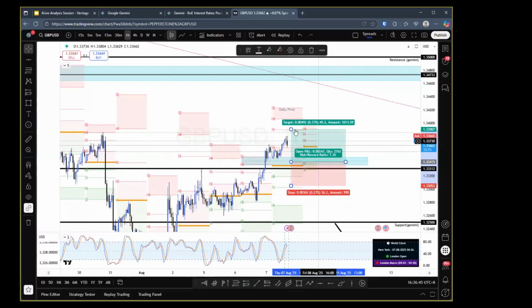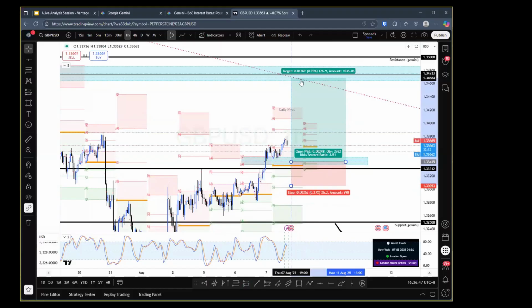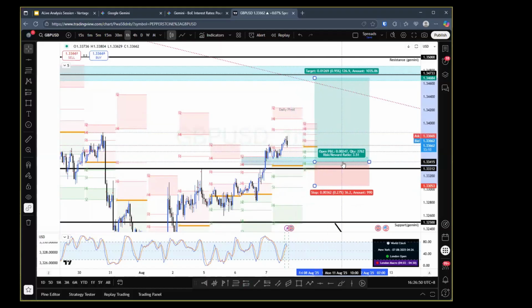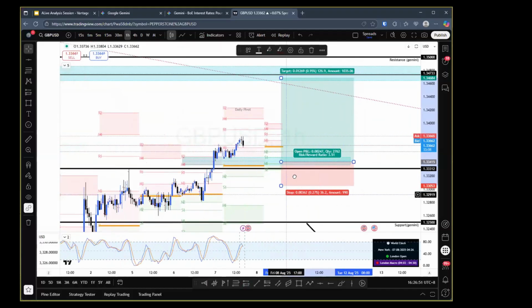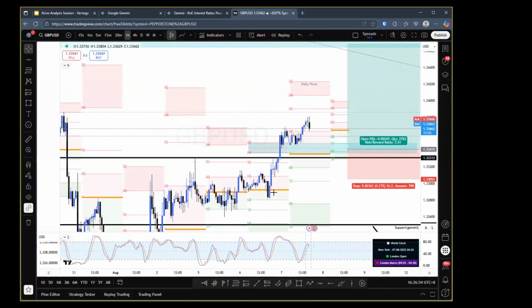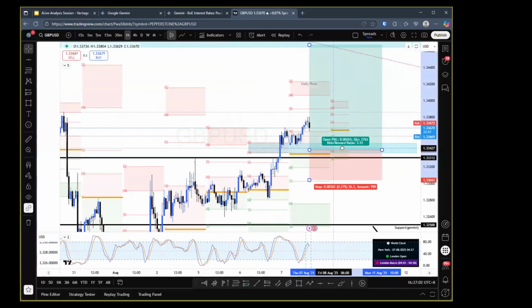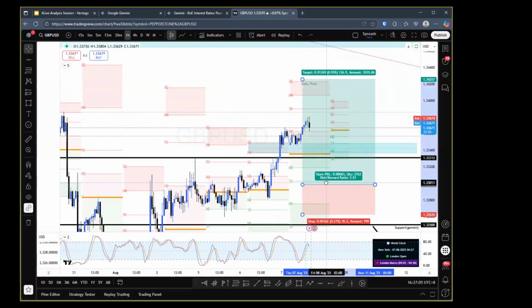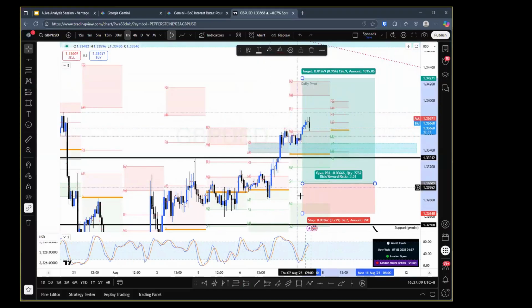Point of caution would be that the move happened somewhere around here. So double top, break below. There might be some impatient buyers coming in here, but I would say that this is actually the true failure of the sellers.